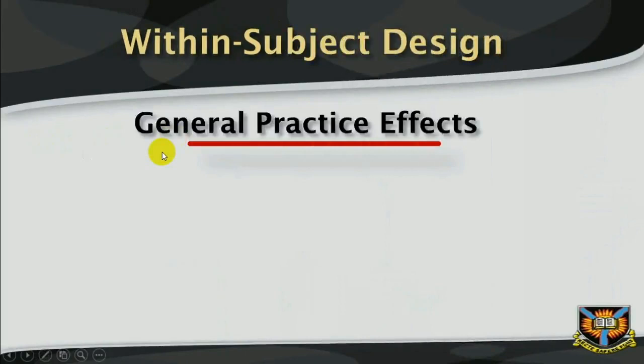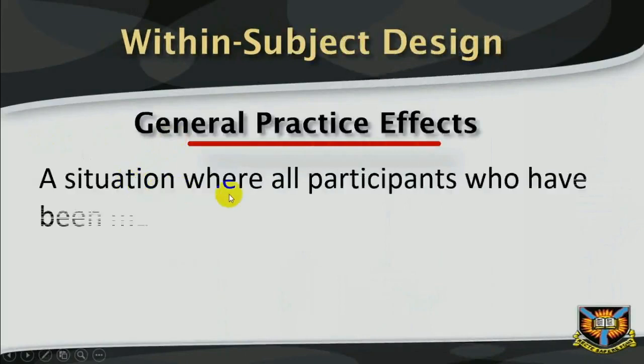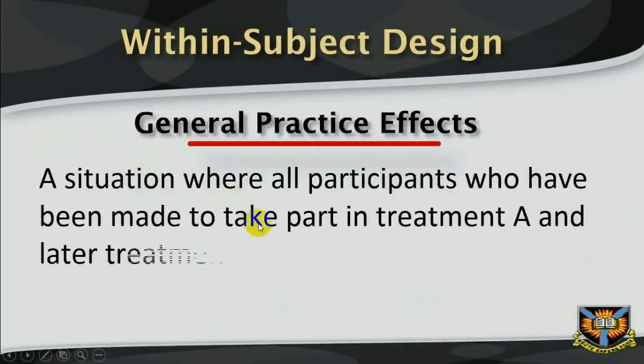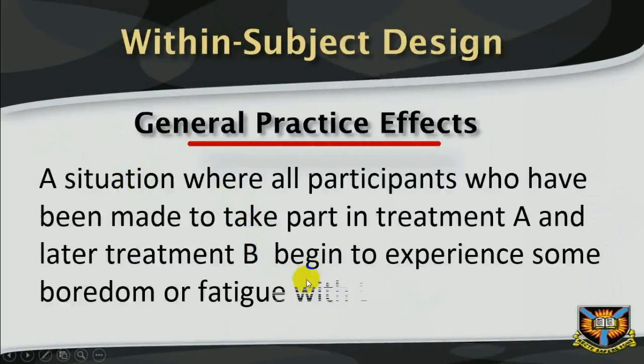These effects are usually assumed to be the same for all treatment conditions, so that it does not matter whether subjects learn with 1 repetition followed by 5 repetitions or 5 followed by 1 repetition. Because general practice effects are the same for all treatment conditions, they can be controlled largely through counterbalancing.